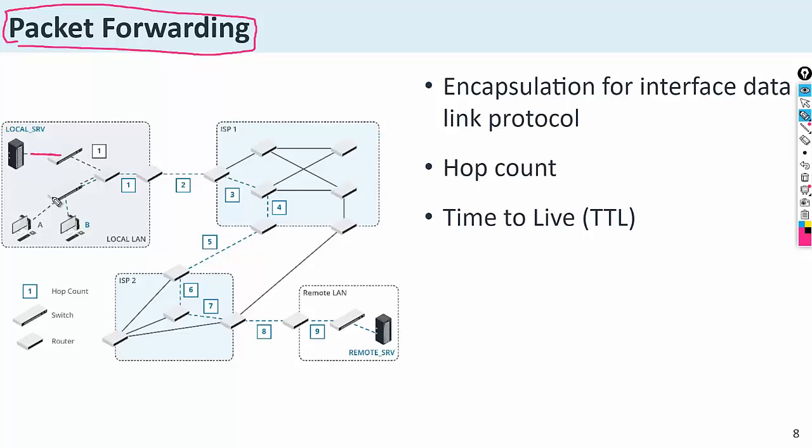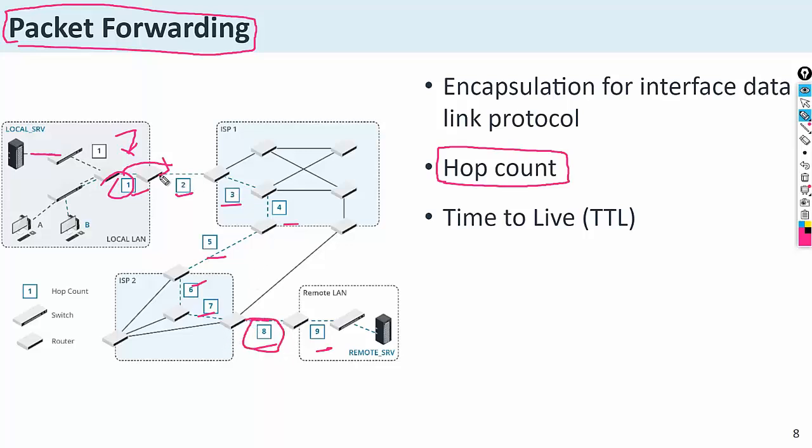When a packet is received on router 1, it will check the routing table and decide where to send the packet, and where to send the packet will consider the counting of the hops. For example, when the packet is starting from here, 1 2 3 4 5 6 7 8 9, all these are the hops.